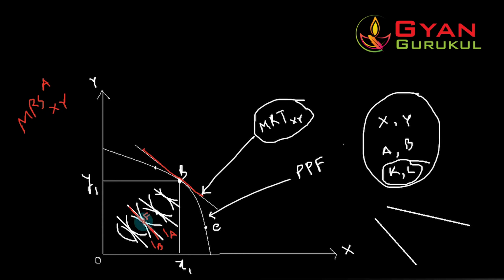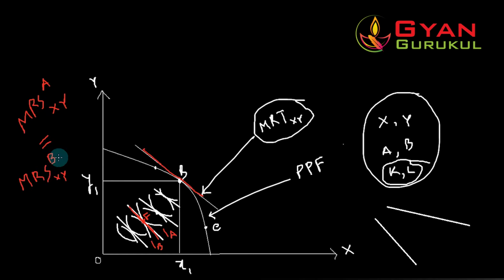Because the two ICs are tangent to each other, point F belongs to both the indifference curve of consumer A and of consumer B. That means just like it denotes the marginal rate of substitution of x and y of consumer A, it is also denoting the MRS XY of consumer B as well.